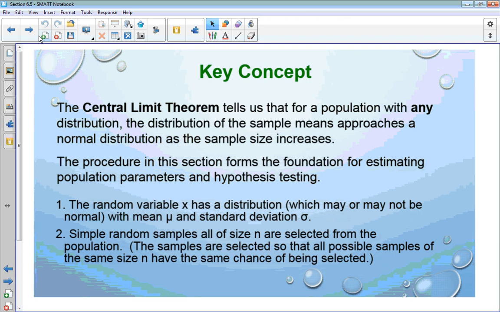The random variable that we use has a distribution which may or may not be normal, but has a mean and a standard deviation. A simple random sample of all n that are selected from the population must have all the same chance of being selected.